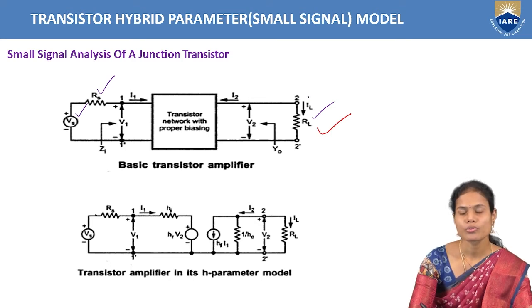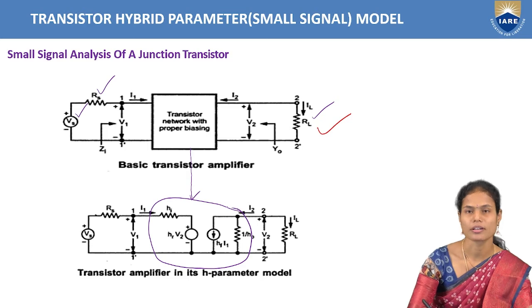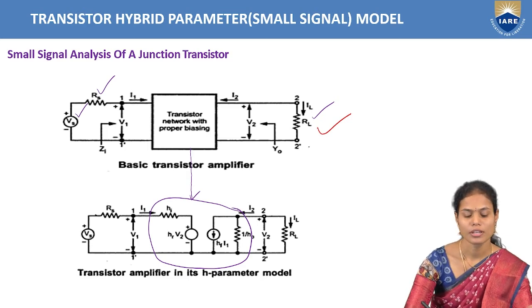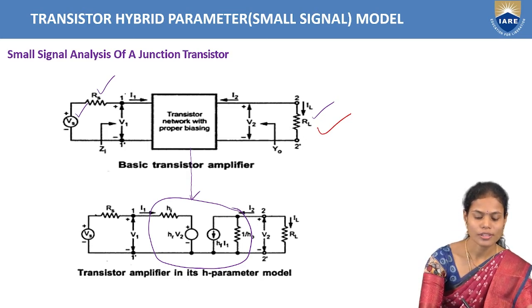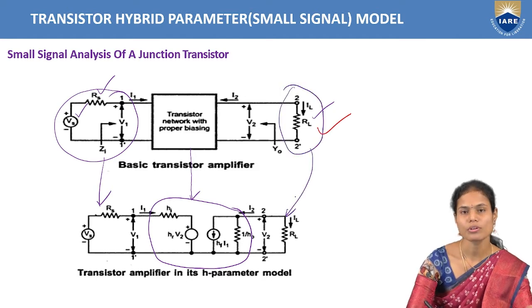In order to do the small signal analysis of this particular transistor, we have to replace this transistor with proper biasing circuit with its hybrid equivalent model. So this is the hybrid equivalent model of the circuit. The remaining components are as they are here, the source resistance as well as the voltage source, and at the output side the load resistance is also as it is.